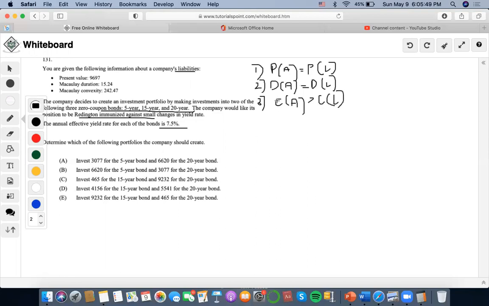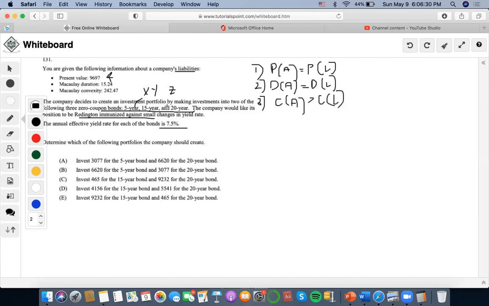So we noticed here that if the present value given is 9697, then the portfolio of all of these bonds must also have present value equal to 9697. First, let's denote these bonds as X, Y, and Z. Since they are zero coupon bonds, the prices associated with these bonds don't need any discounting.